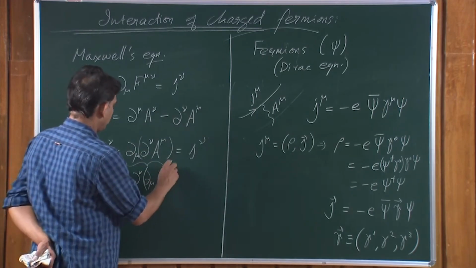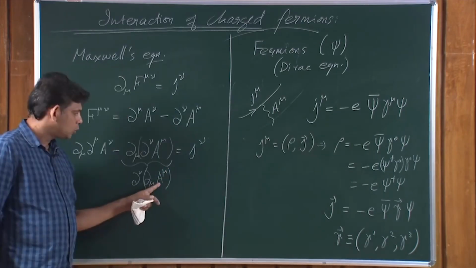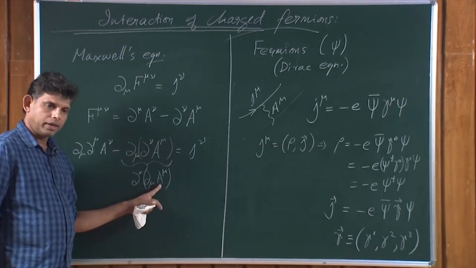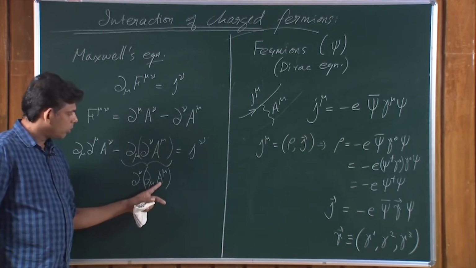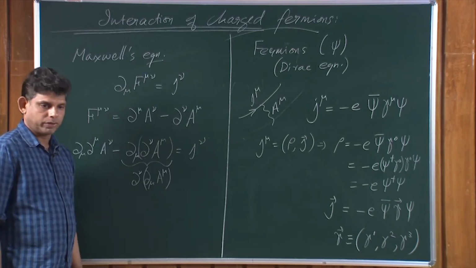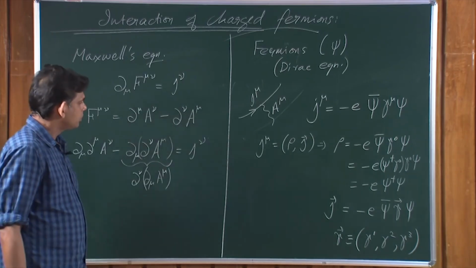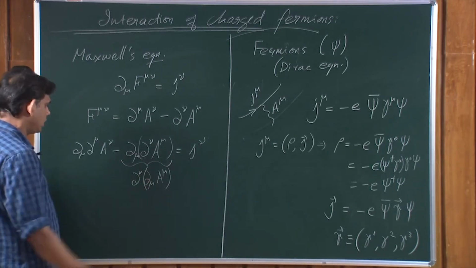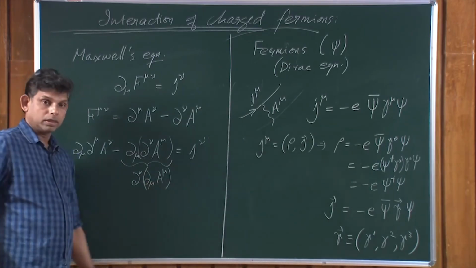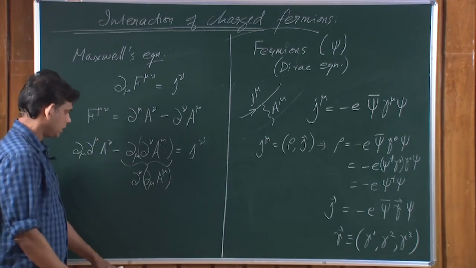Now, I have something like this. We can choose this A, so that dou mu A mu is 0 always. Okay. So, this is something which we will assume now, or rather it is something which we had discussed earlier.